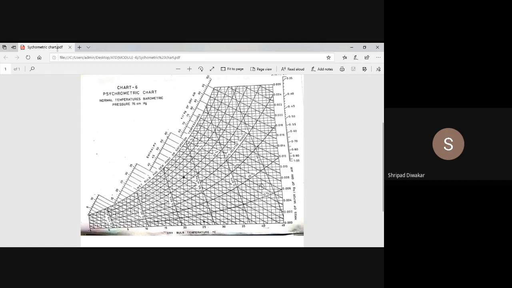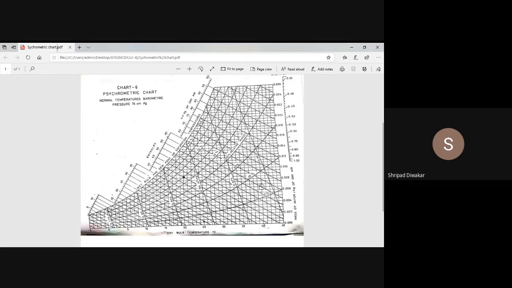If you move in the inclined direction, that is your WBT. If you take the straight, horizontal direction, that is your DPT. Don't make confusion between WBT and DPT. WBT is your wet bulb temperature. We will get different properties at WBT and different properties at DPT.